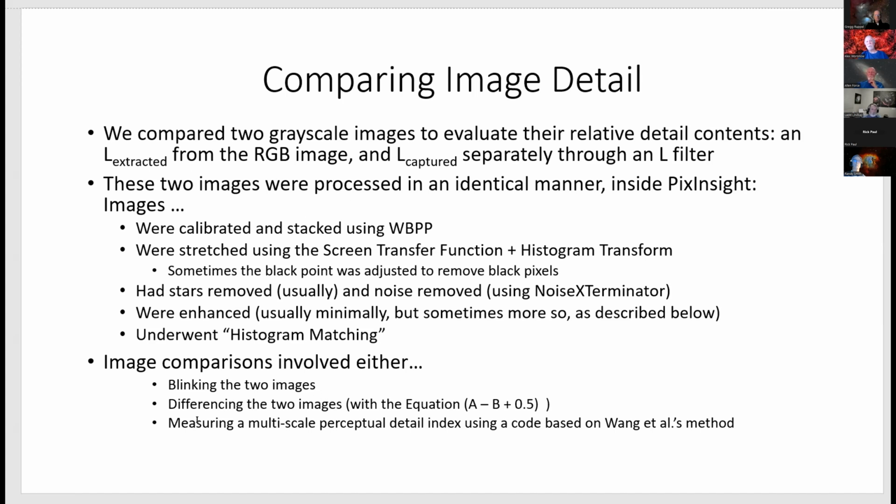And finally, I measured a multi-scale perceptual detail index using code based on a paper by Wang et al. And I'll talk very briefly about that. It's really very complicated. And that too is in a Python program I wrote.